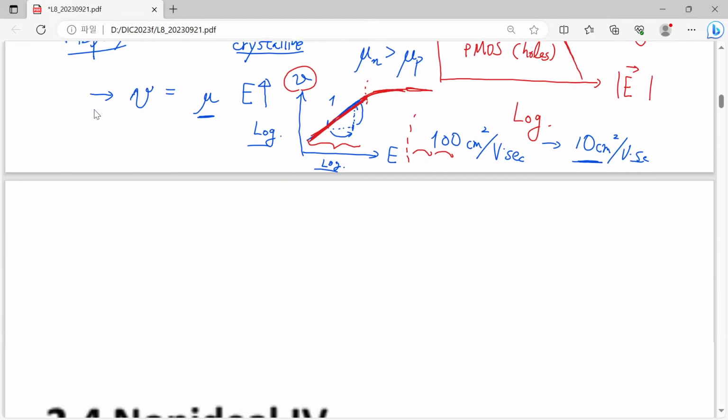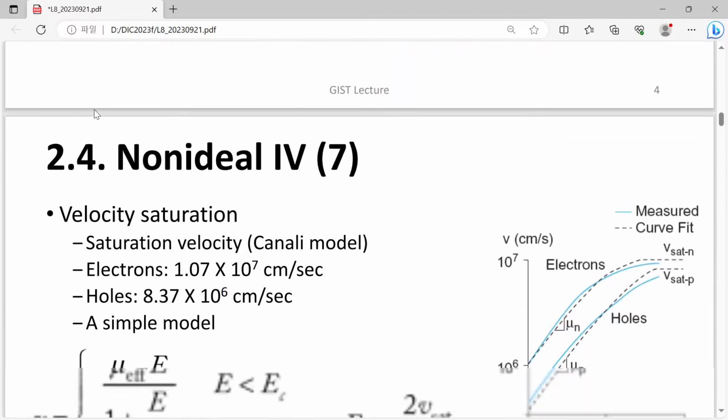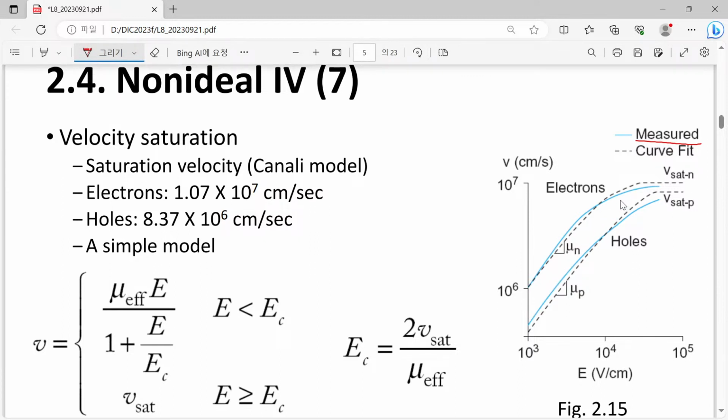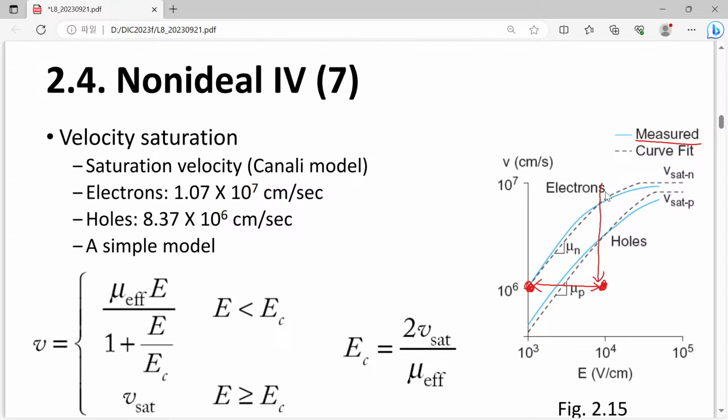Now when we have a look at the measurement data, this is measured, of course schematically shown, and this blue curve shows that there is a certain linear relationship. Please have a look at this one. Here we have made one order increase, and this corresponds to also one order increase.